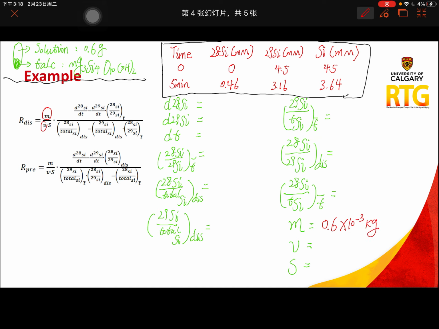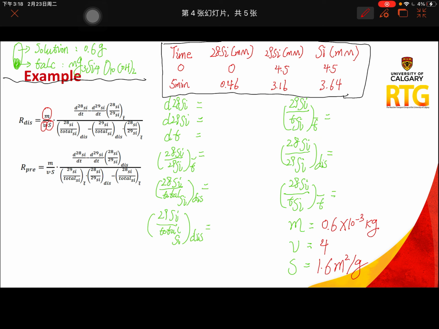The stoichiometry is 4 for silica. The surface area of the talc is typically 1.6 meter squared per gram, depending on your experiments.